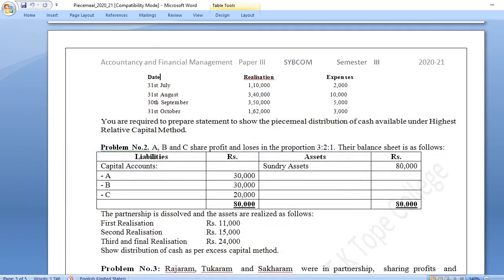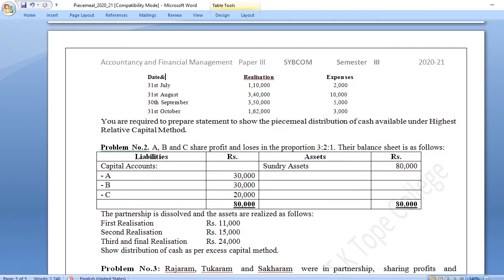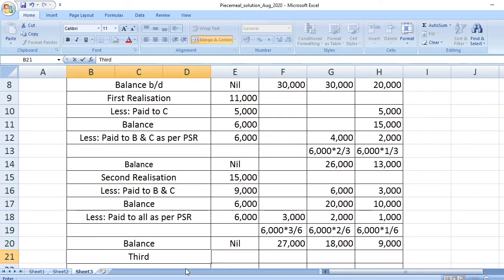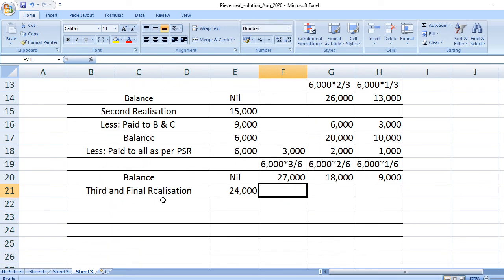So we will write here third and final realization, and from this realization they received 24,000. Now this 24,000 we will distribute among the partners as per their profit sharing ratio.